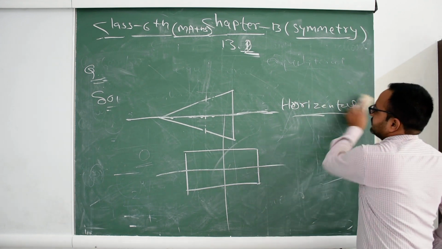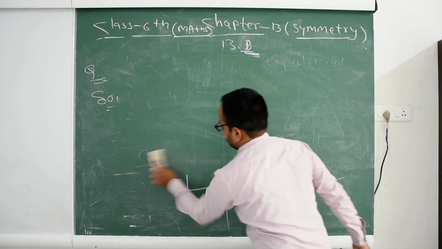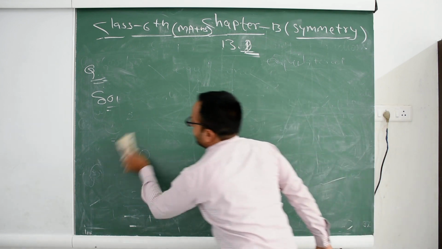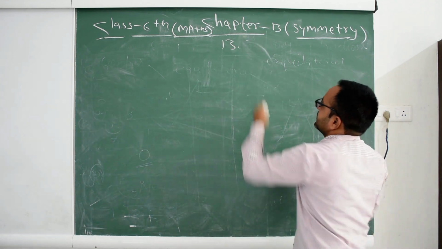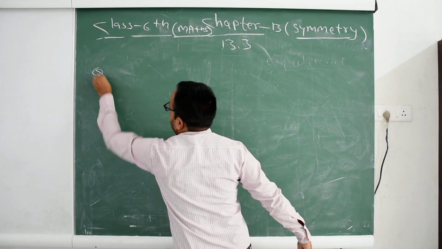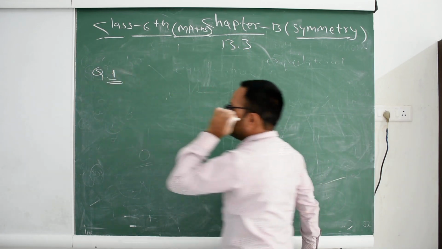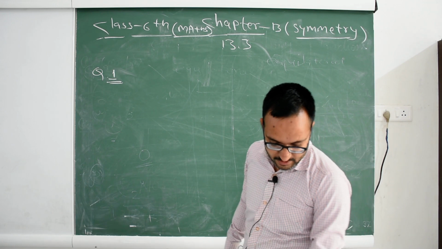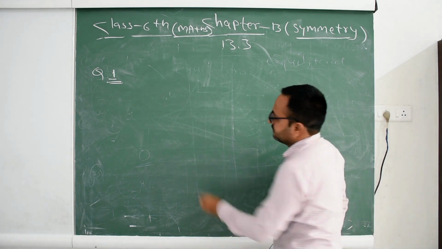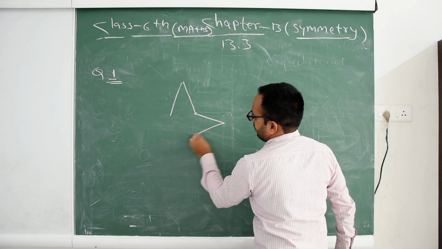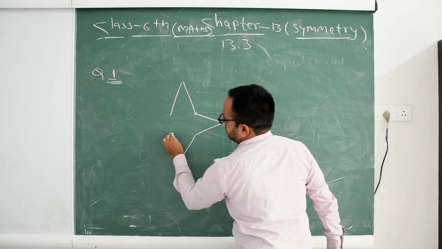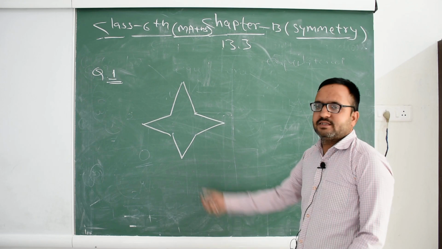Again we have different types of shapes and we try to find out the lines of symmetry. So your figure is, okay, this is a rough diagram.